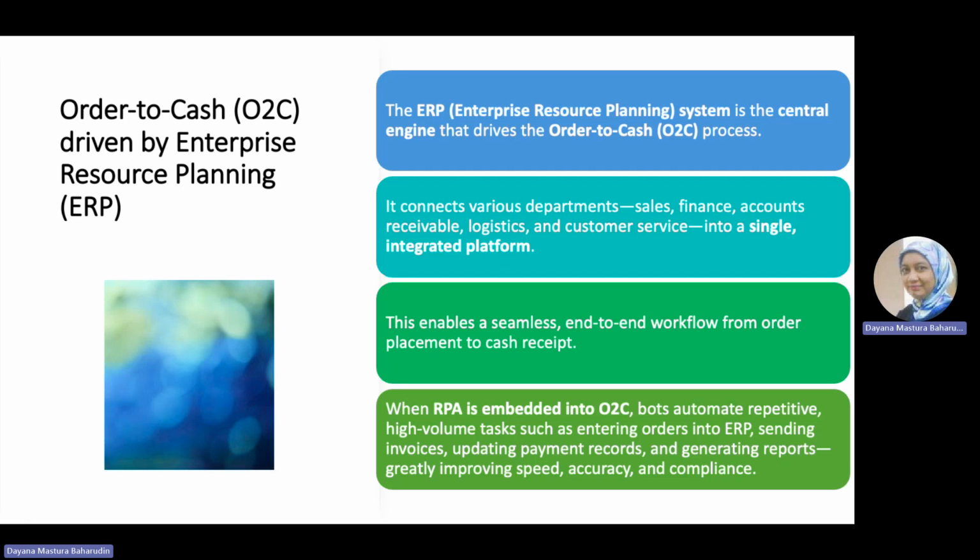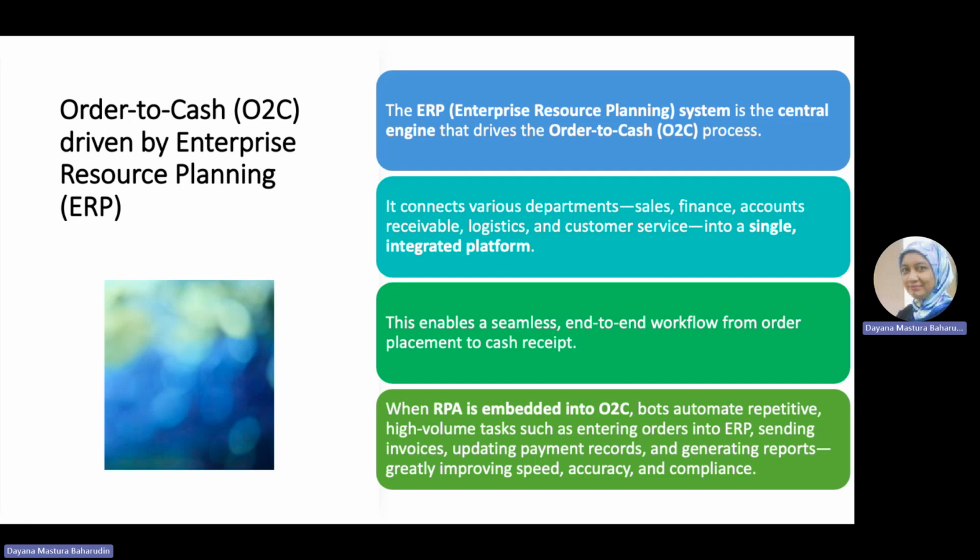I know you guys have seen ERP before because we talked about ERP with purchase to pay. So ERP is nothing new to you. And large organizations such as multinational companies would need to use ERP. So I would say that ERP is important in order to run the order to cash function or process.